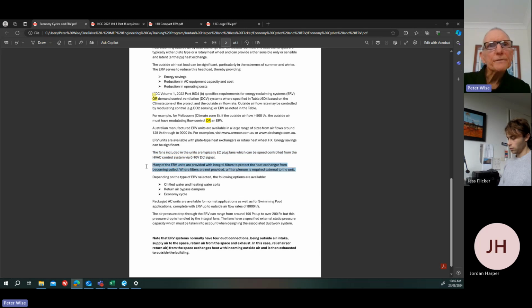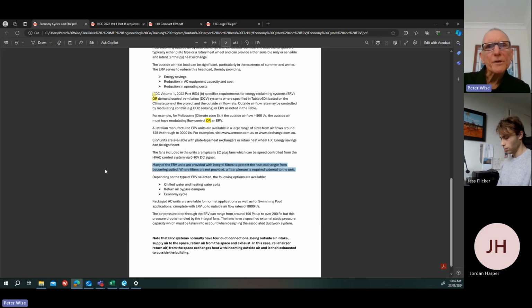The large units, I say many of the ERV units are provided with integral filters. So those big units I just showed you would normally come with filters, particularly on the return air and the outside air, to protect the heat exchanger from getting clogged up.